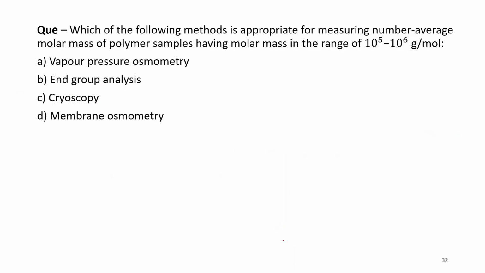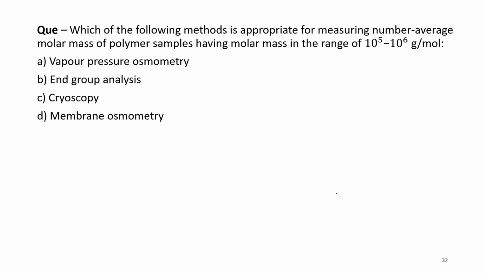Next question is, which of the following methods is appropriate for measuring the number average molar mass of polymer samples having molar mass in the range of 10 to the power 5 to 10 to the power 6 gram per mole? Option A, vapor pressure osmometry; B, end group analysis; C, cryoscopy; D, membrane osmometry.